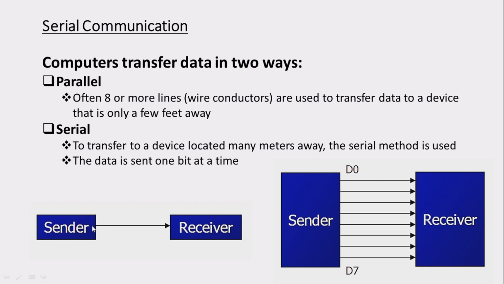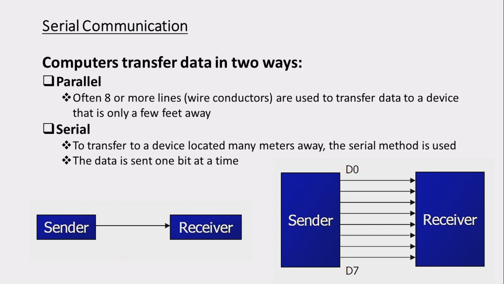Now if you take 8 bits of data, here it is going to take 8 clock cycles. Compared to parallel communication, serial communication is going to take more clock cycles. If it takes more clock cycles, then the time required to send the data from the sender to receiver is going to be more when compared to the parallel.